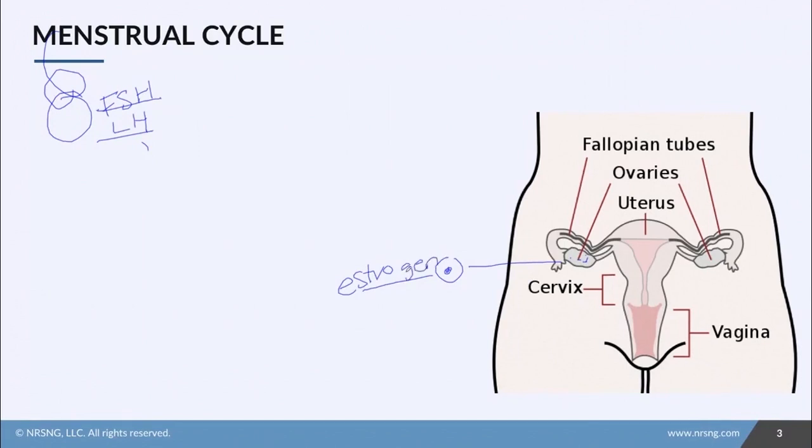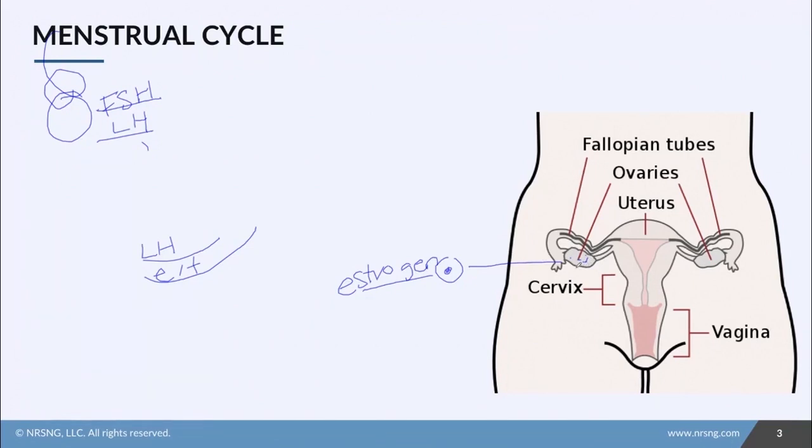Okay, so LH, our hormone LH, is going to start to rise, and estrogen is going to peak. So our estrogen peaks and LH rises, and that is going to cause ovulation to occur. And do you remember what day of the cycle that is?